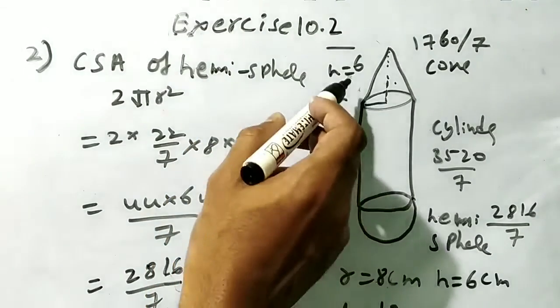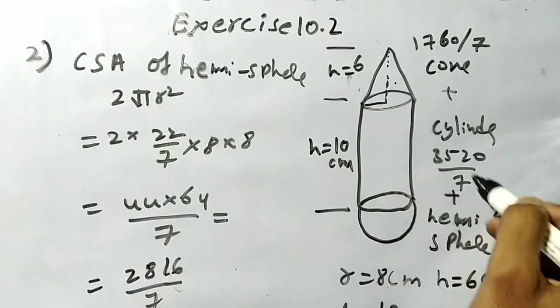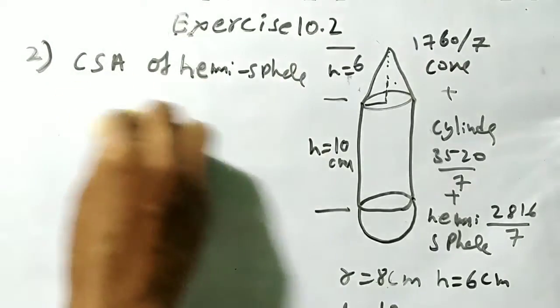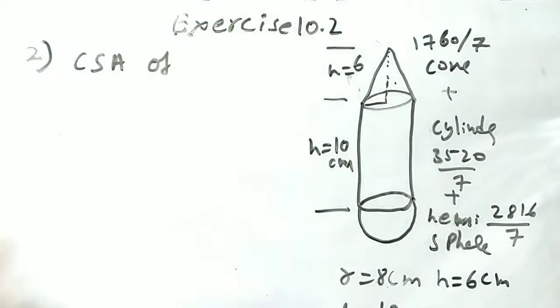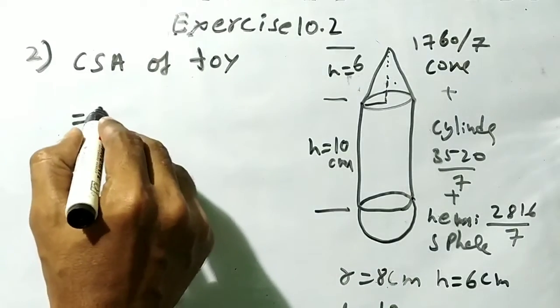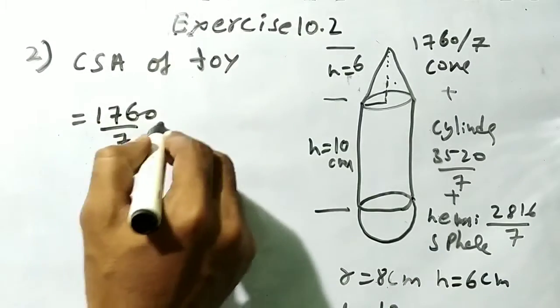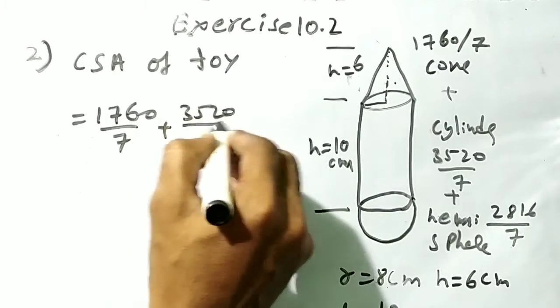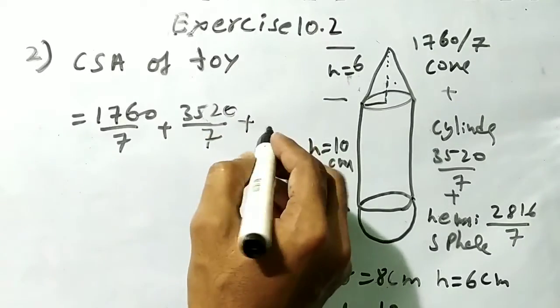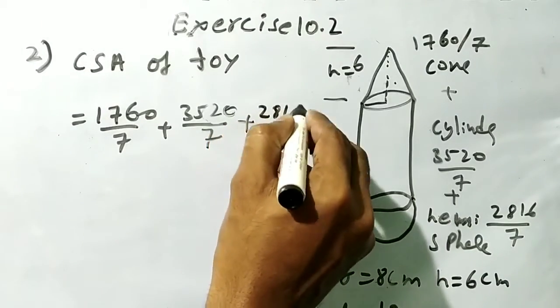Now we have to add the 3 values, because the combination of 3 solid figures makes a toy, which is called a solid right circular cone with a hemisphere at the end. So we will add here the CSA of the toy. So that is 1760 by 7 plus 3520 by 7 plus 2816 by 7.